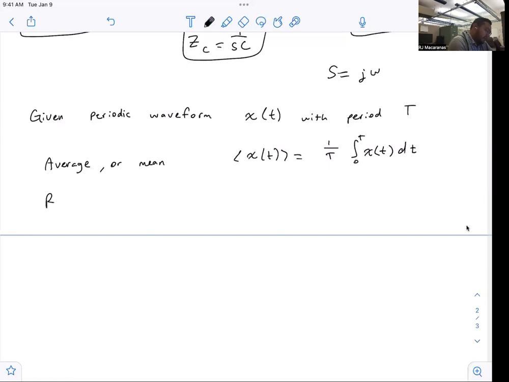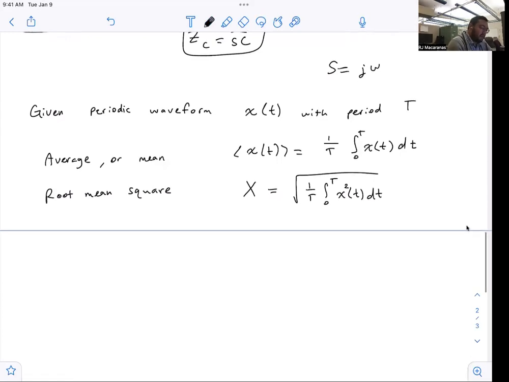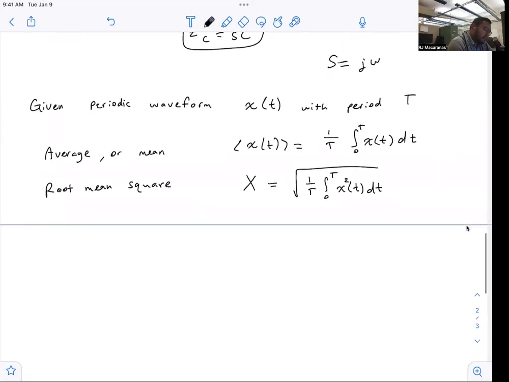It's also helpful to look at the root mean square. We usually denote this with a capital of whatever the waveform symbol is. If it's x, we do a capital X; if it's v, we do a capital V. So take the square root, and we do this mean again, and we square the waveform there.